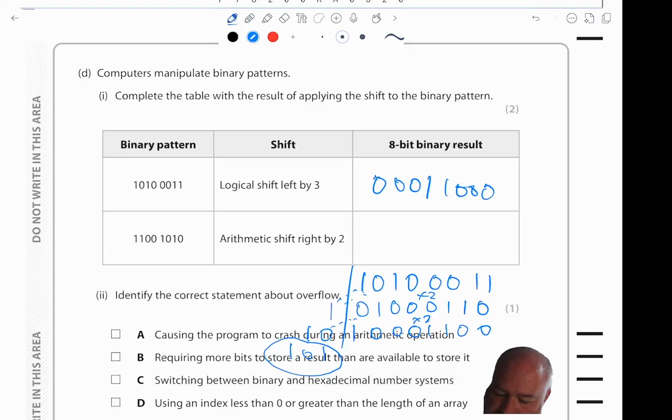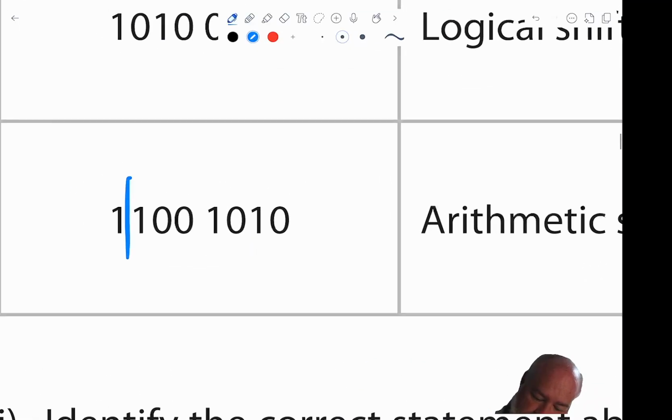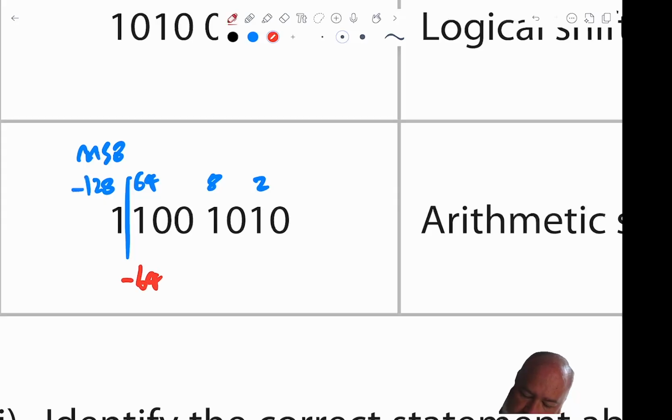Okay, arithmetic shift right by 2. What I would do in this situation is just literally work out what this is. So if that's the MSB, and that's minus 128, then that's going to be positive 64, positive 8, and positive 2. So minus 128 plus 64 is minus 64, plus 8 is minus 56, plus 2, minus 54.